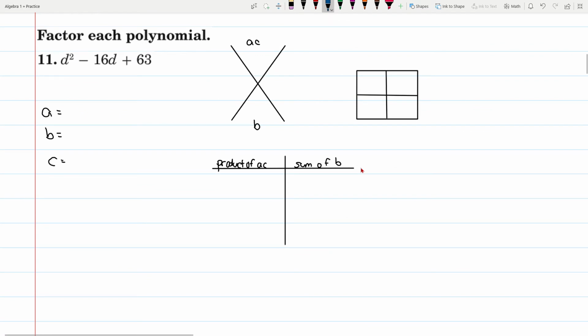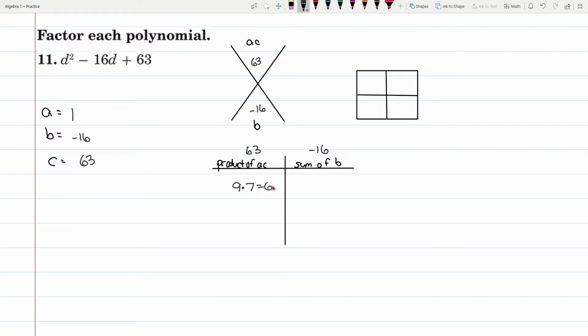As we go to factor this polynomial, our A is equal to 1, our B is negative 16, and our C is 63. A times C is 1 times 63, which is 63, and our B is negative 16. So we're looking for a product of 63 that adds up to negative 16. I'm thinking 9 times 7.